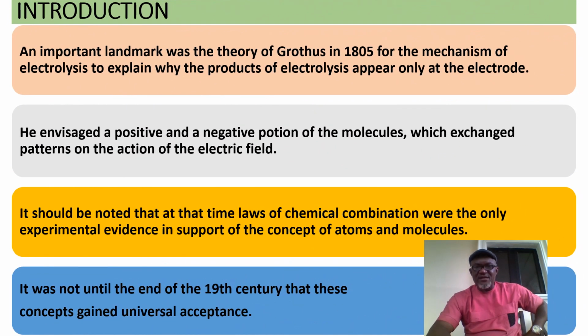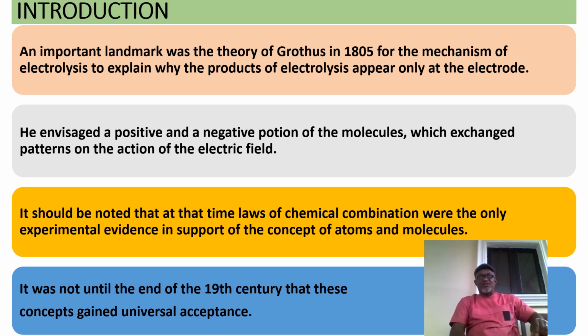Now, one of the important landmarks was the theory of Grotthuss. Grotthuss in 1805 tried to look at the mechanism of electrolysis, where he explained why the products of electrolysis appear only at the electrode, which we are going to see. He envisaged a positive and negative portion of the molecules.